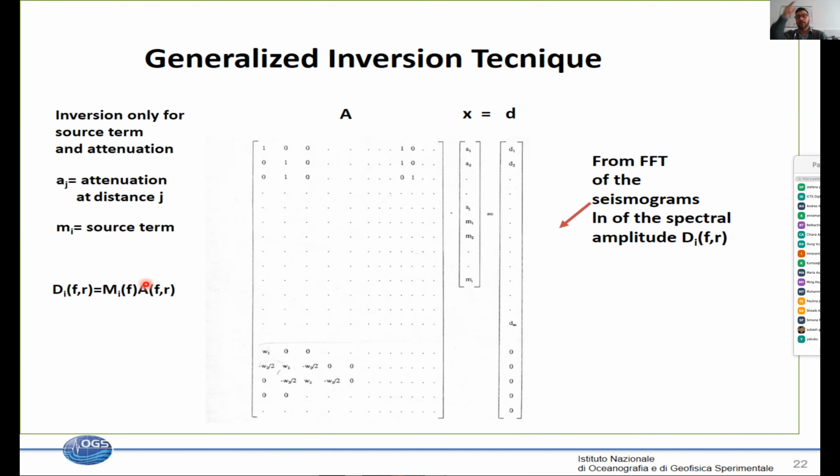You remember last time I showed you how this looked in the time domain and in the frequency domain. If I take the logarithm of this datum, it will be equal to the logarithm of M plus the logarithm of A of M. So it's a simple linear equation.